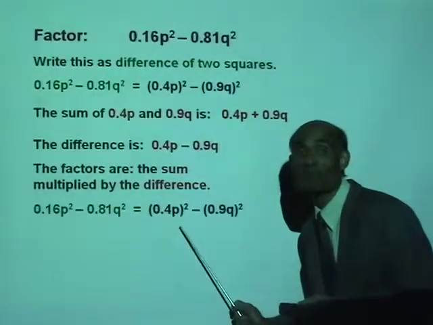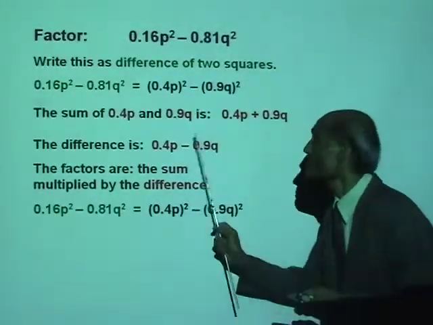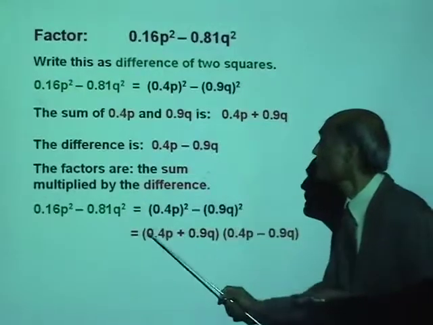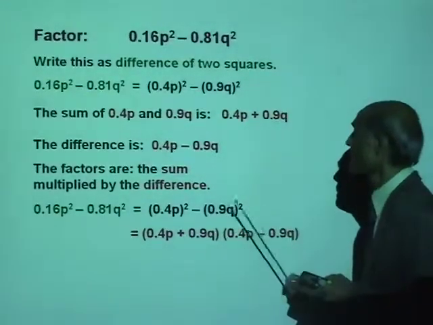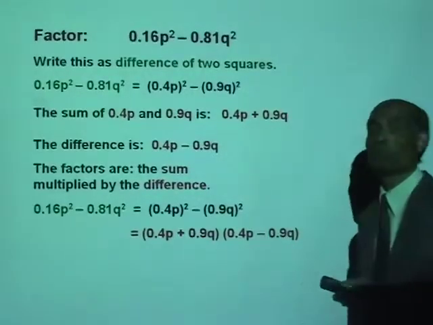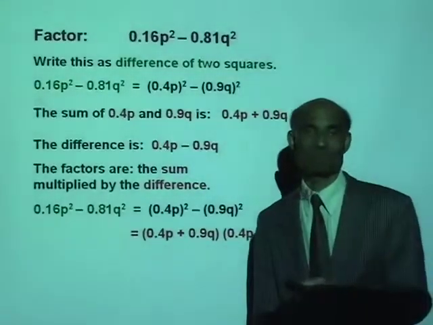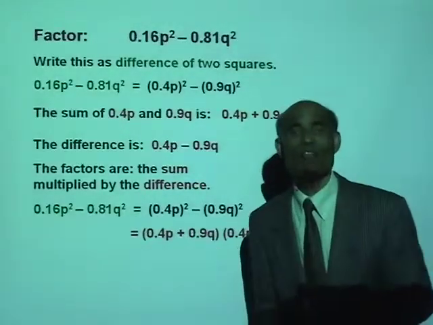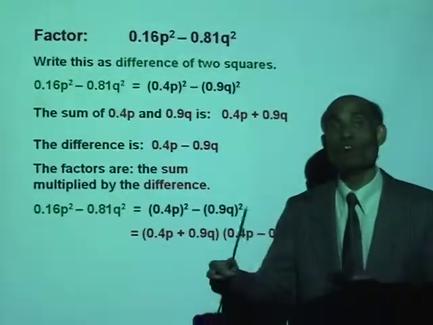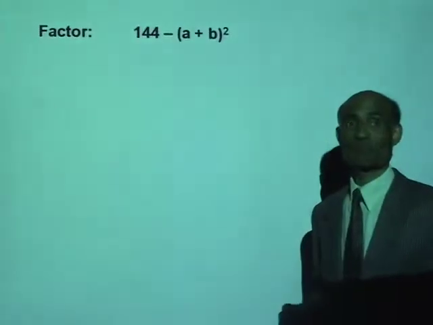And what does that become when you factor it? It will be 0.4p plus 0.9q multiplied by 0.4p minus 0.9q. Okay, I hope you get the hang of factoring difference of two squares.